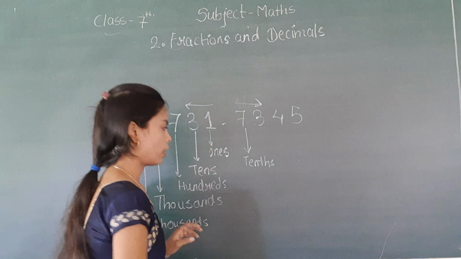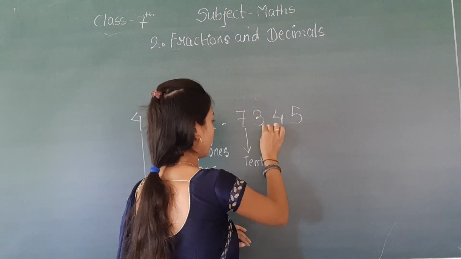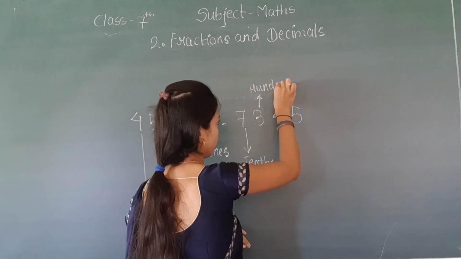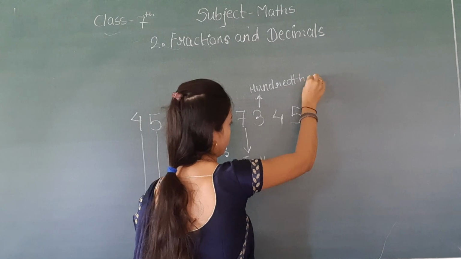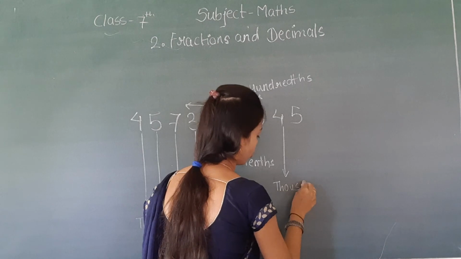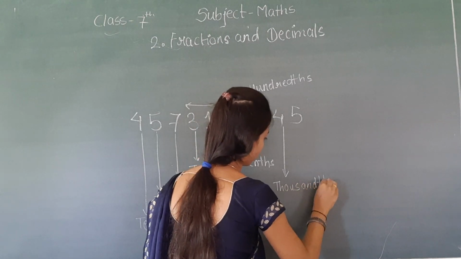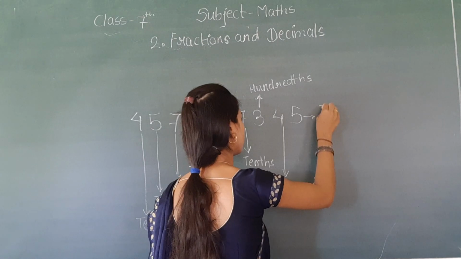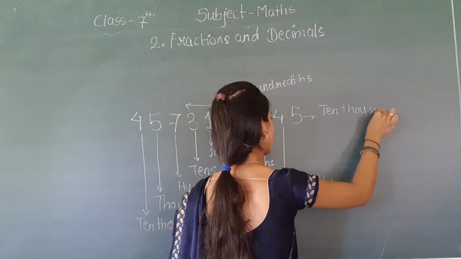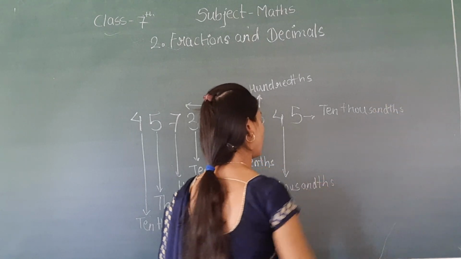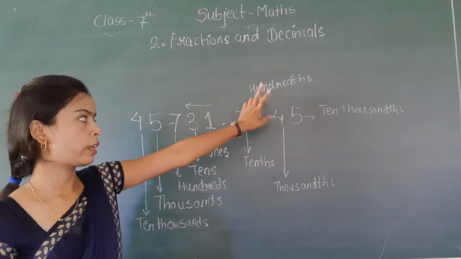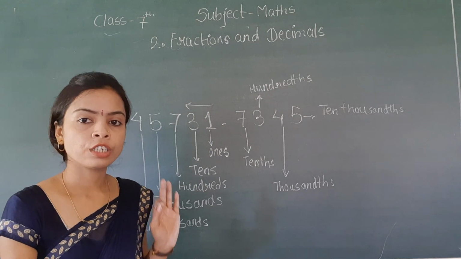After that, hundredths, after that thousandths, and after that ten-thousandths. Make sure on this side it is hundreds, but on the right side it is hundredths. That means you have to apply TH.